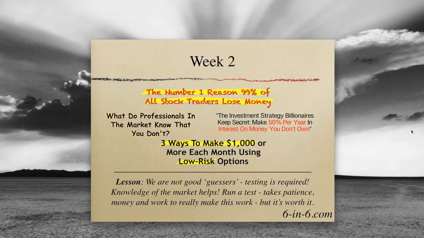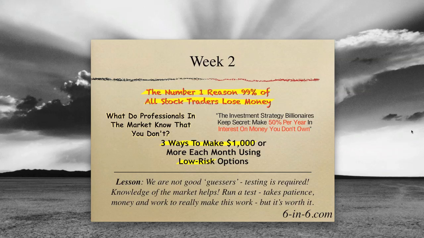Both of those headlines were created on purpose. They were created as a way to generate interest of people landing on that landing page because of the specificity of the headlines themselves. The number 1 reason, 99%. So I had specifics in there. The 3 ways to make $1,000 or more.